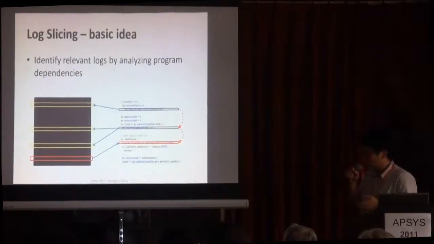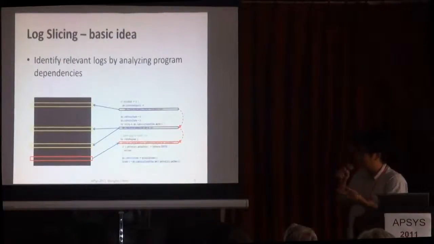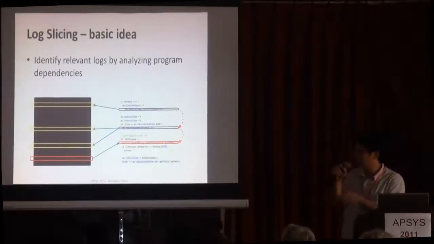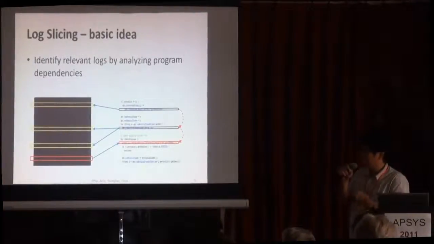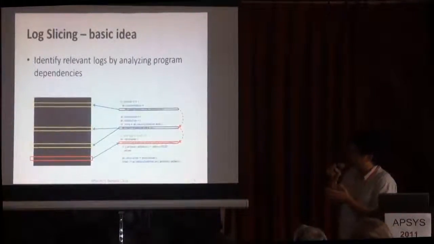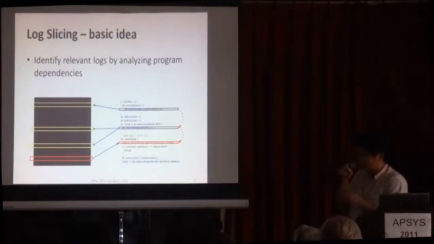Also, currently we assume that each log message contains the exact location information, so the mapping between logs and logging statements is straightforward. The major concern is how we obtain slices efficiently.